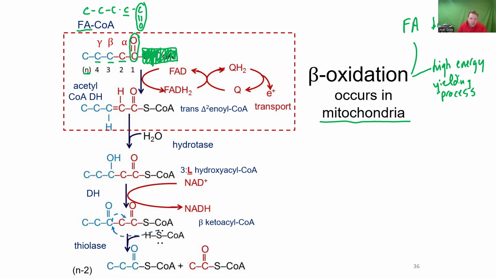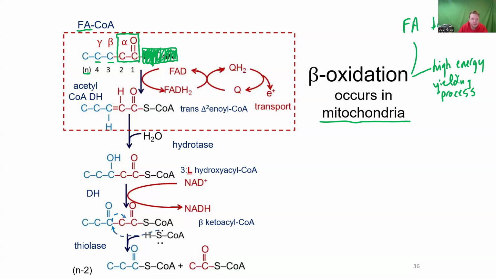Beta oxidation is where we basically clip off, and this was always helpful for me, in every round of beta oxidation, we are clipping off 2 carbons. So the way that I always think about that is we are taking the carbonyl carbon and the alpha carbon, and we're going to go through to release those.